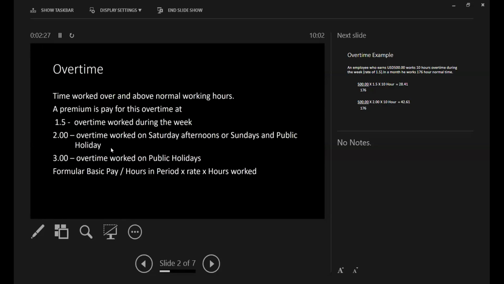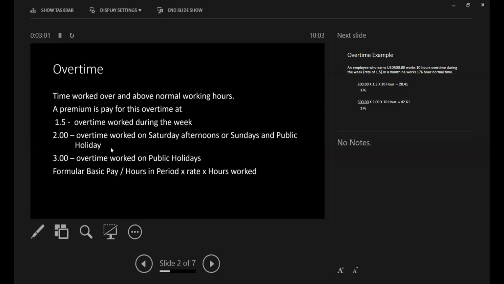A premium is paid for this overtime at 1.5 for overtime worked during the week, which is 1.5 times the hourly rate, or it can be double time for hours worked on Saturday afternoons or Sundays, as well as public holidays. You can be paid double, and then you can also be paid treble if you work on public holidays. But this depends on the industry that you are in.